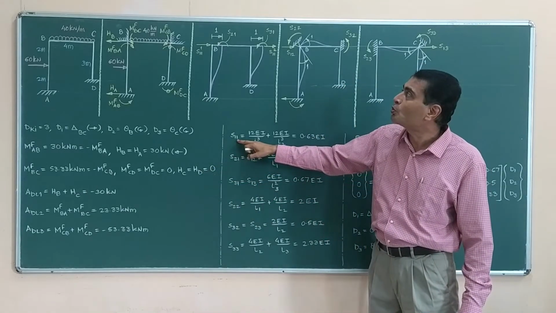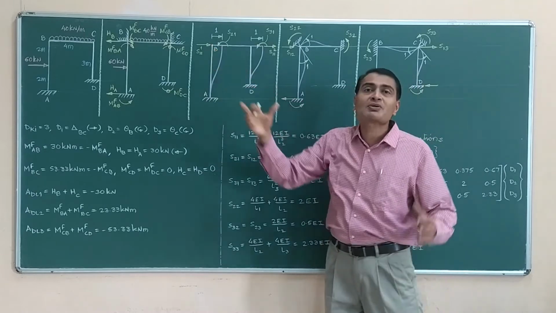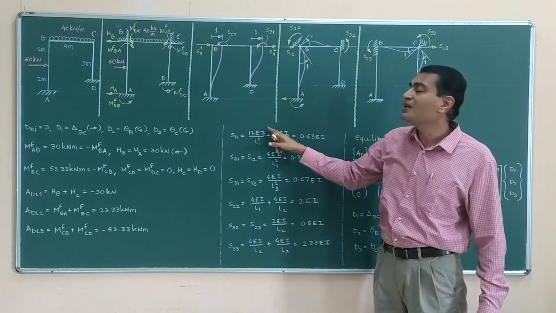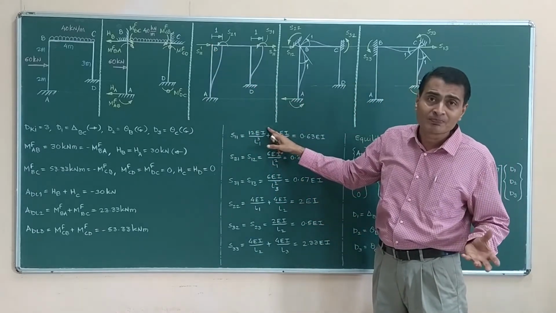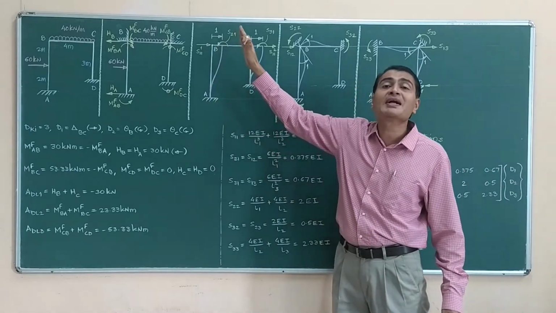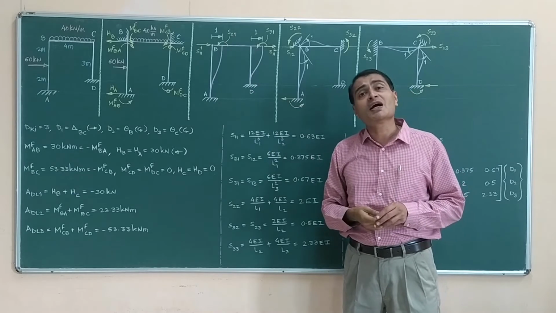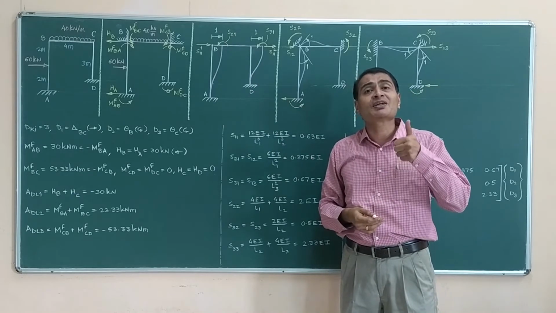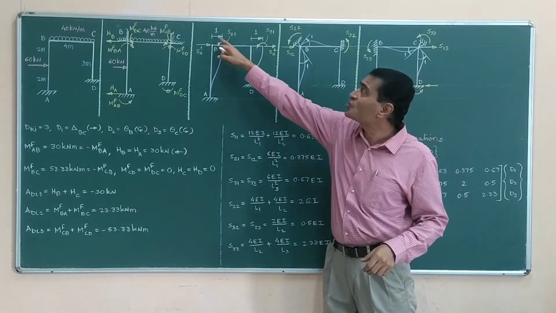S11 is equal to, now for this force we have a standard formula, 12 EI upon L cube. Whenever the far end is fixed and this end is moving by delta, we have 12 EI upon L cube into delta as our reaction. Here delta is 1.